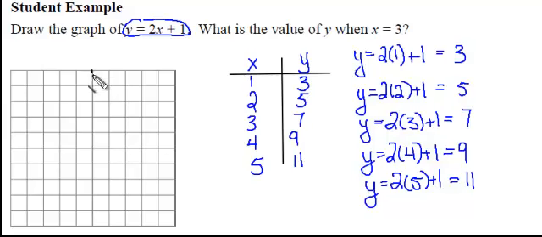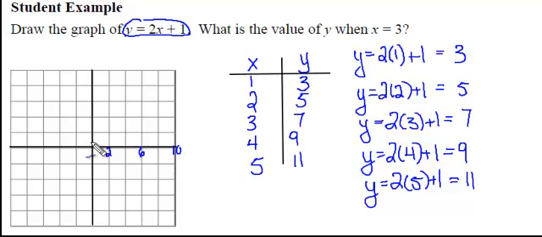Let's draw in our axes lines. I'm going to say that every square on my graph counts for 2. So I'm only going to label every second. So this will be 2, 4, 6, 8, and 10.